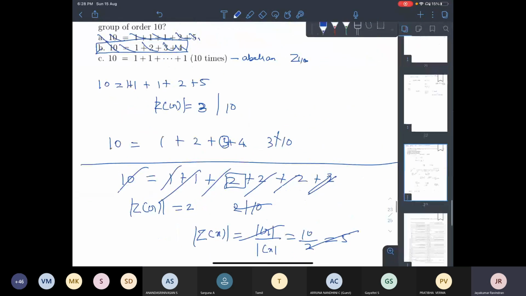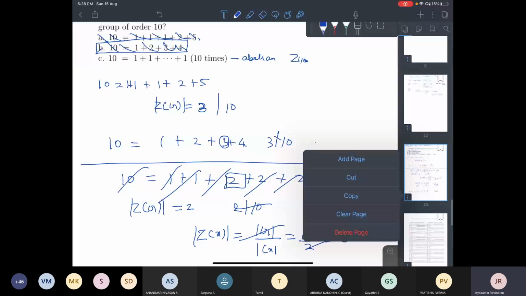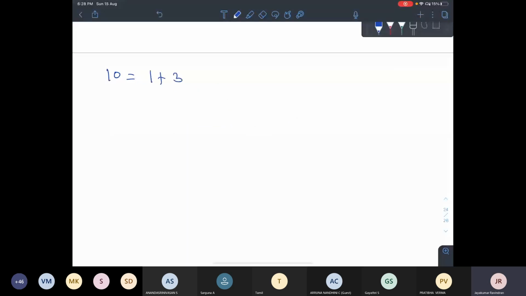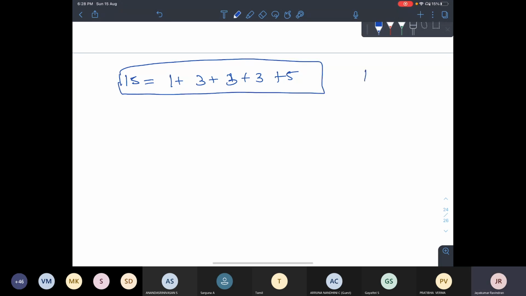Take 15: 1 plus 3 plus 3 plus 3 plus 5. I'm telling you, a group of order 15 is always abelian, always cyclic in fact.